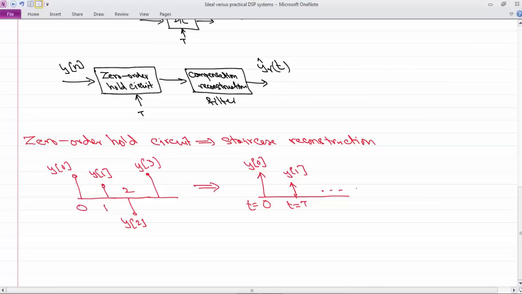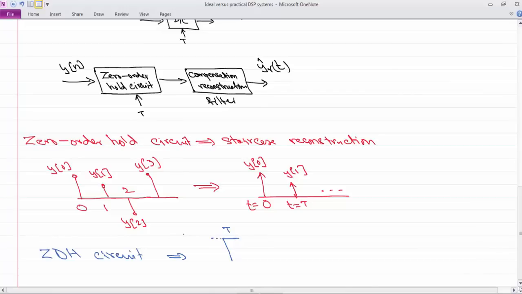So what happens in continuous time is, instead what you do is what's called the zero order hold circuit, which is that you actually take this sequence, every value, and you generate an output which stays constant for T seconds. So you basically say, I'll take y0. A zero order hold circuit will basically take y0, whatever the value of y0 is, and it will hold that for capital T seconds.